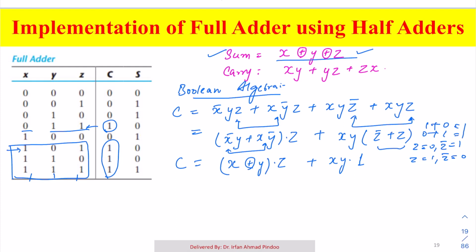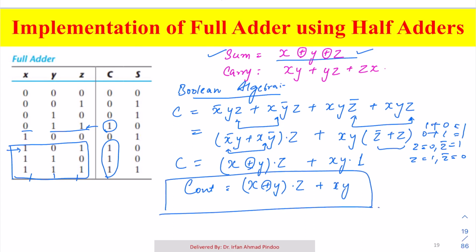That's why z bar plus z is 1. So we can simplify and write the carry out equation as x XOR y dot z plus xy. This is also the carry out equation, and the equation we got last time is also correct.